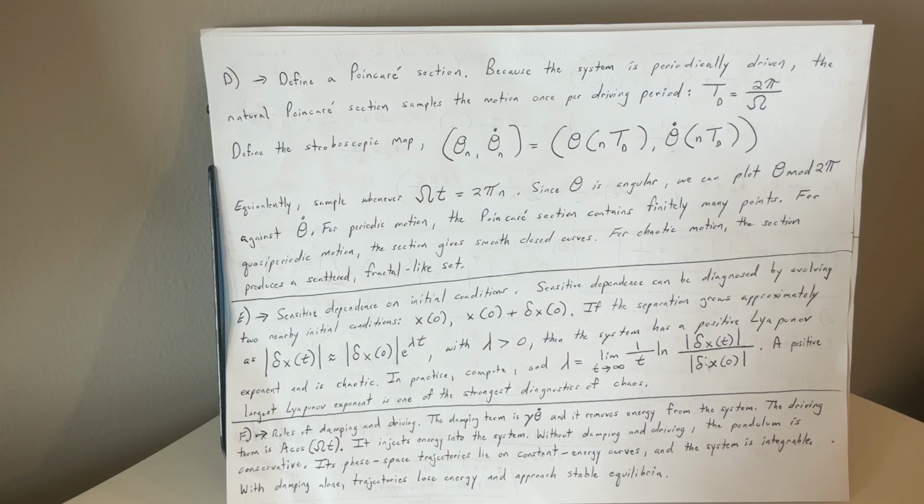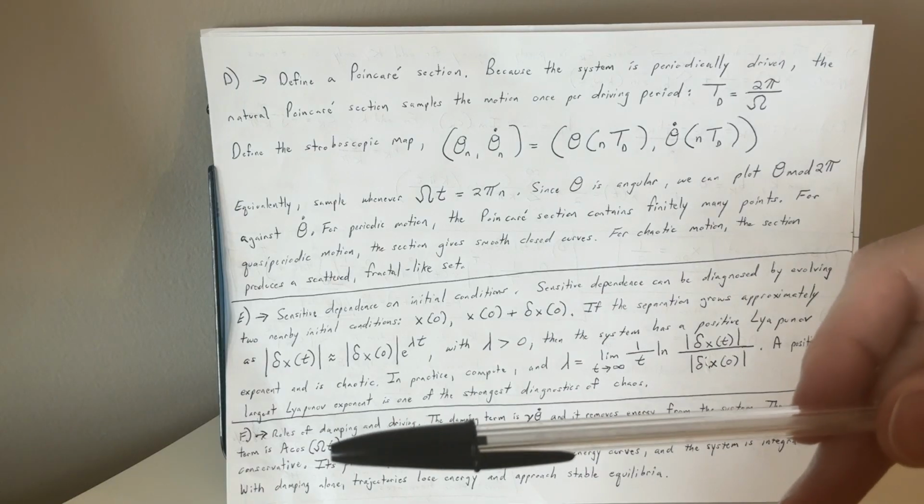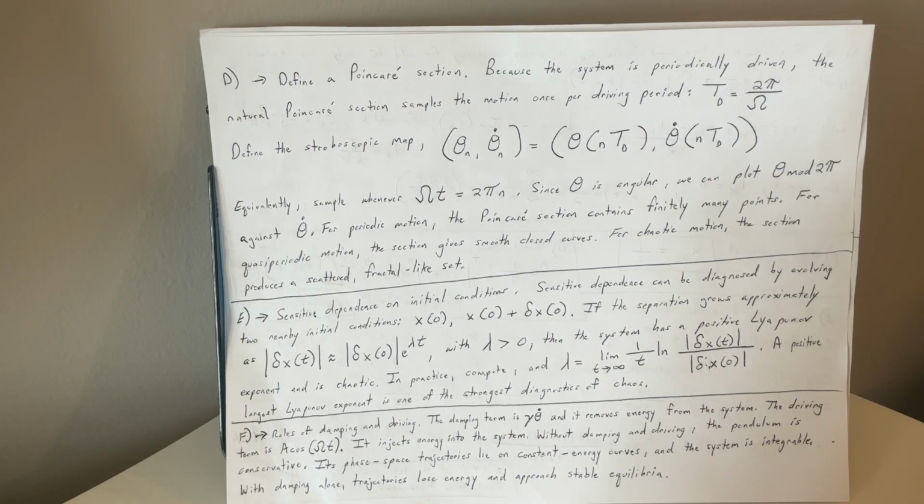The driving term is A cosine of capital omega t, and it injects energy into the system. Without damping and driving, the pendulum is conservative. Its phase space trajectories lie on constant energy curves, and the system is integrable.